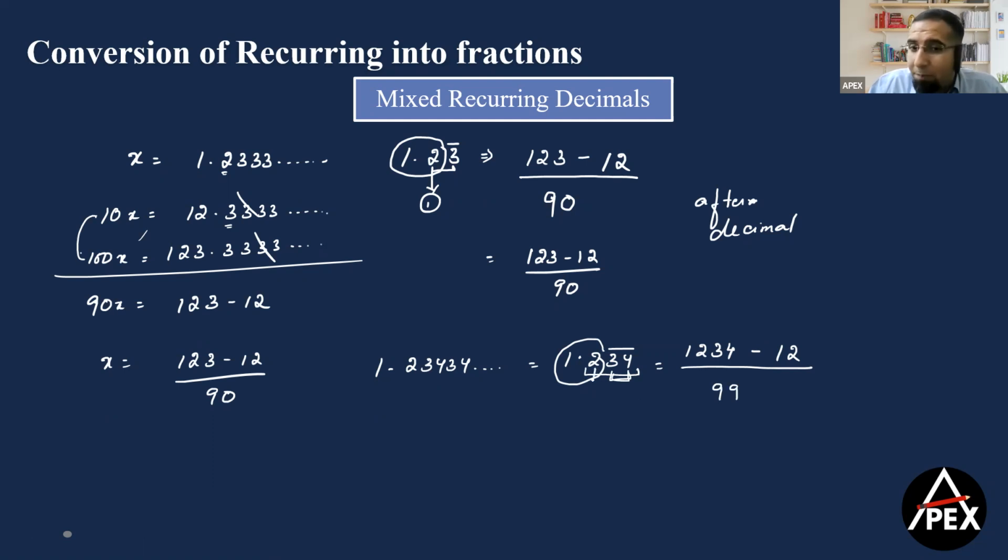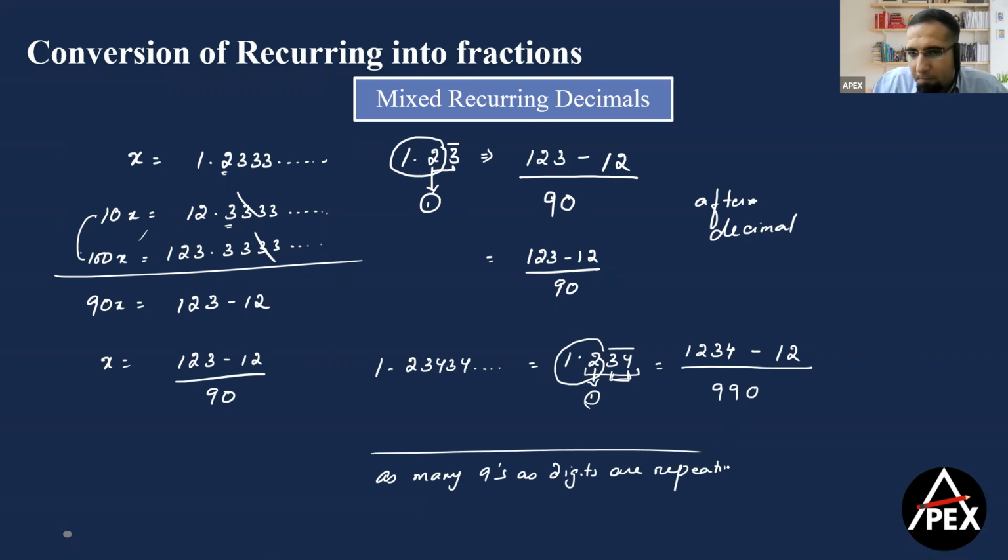How many digits are not repeating after decimal? One digit is not repeating after decimal. So I'll have 10. So the only thing that changes in the denominator is as many nines as the digits are repeating, followed by as many zeros as the digits are not repeating. And the numerator remains the same as we did in the previous model.